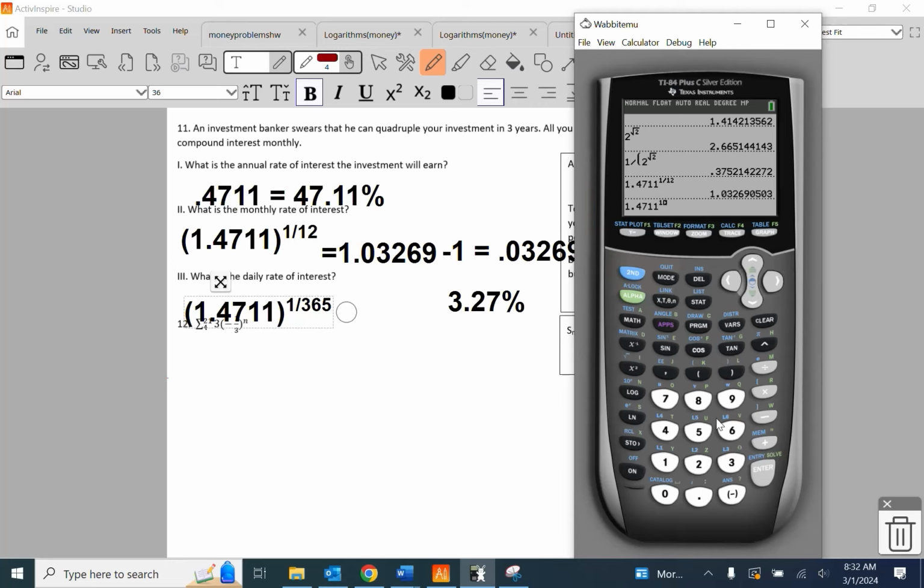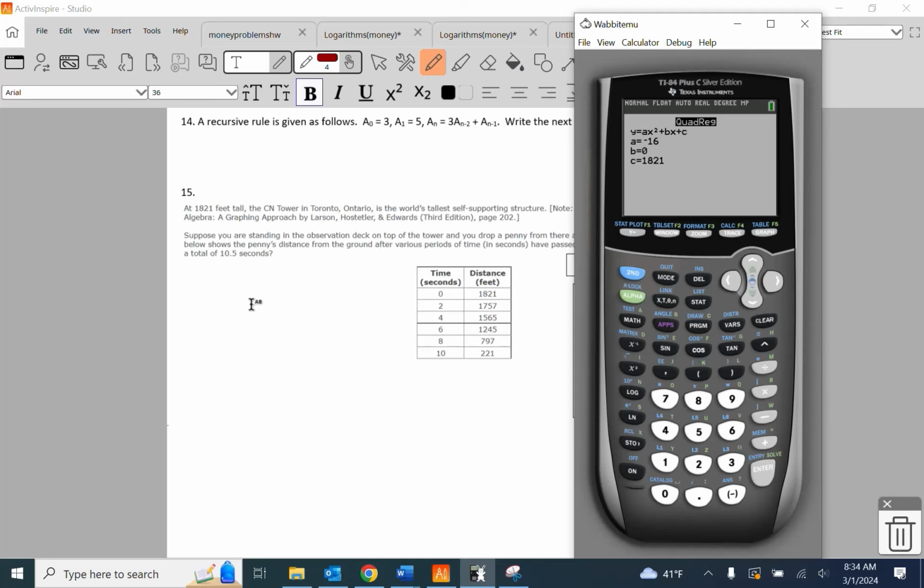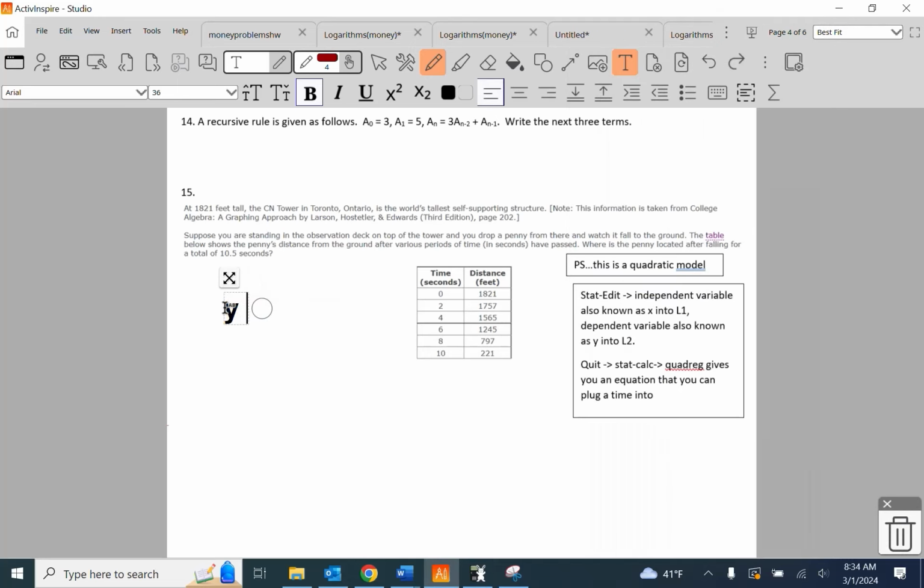Anyways, there's my equation. Negative 16x squared plus 1821. And from here, the question is where is the penny located after falling for 10.5 seconds? So let's just plug in a 10.5.